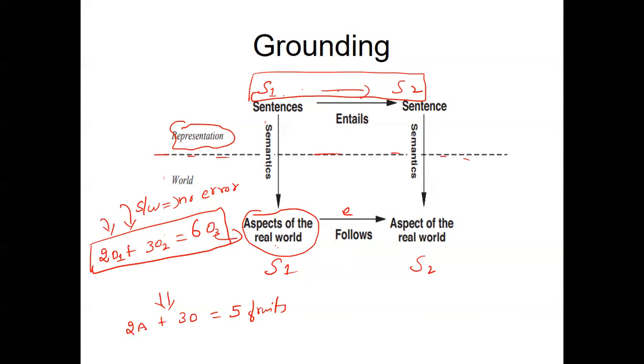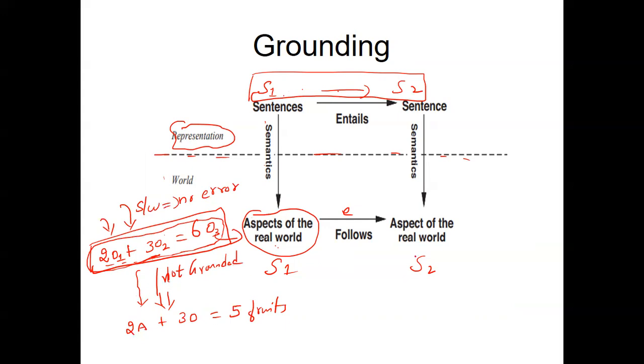Now the agent will behave like this: whenever it encounters 2 objects and 3 objects, it will add it to 6 instead of 5. So in that case, this is not grounded. This is an example of not being grounded, because how the inference algorithm behaves is not reflecting the behavior of the real world. So this is exactly what grounding is.